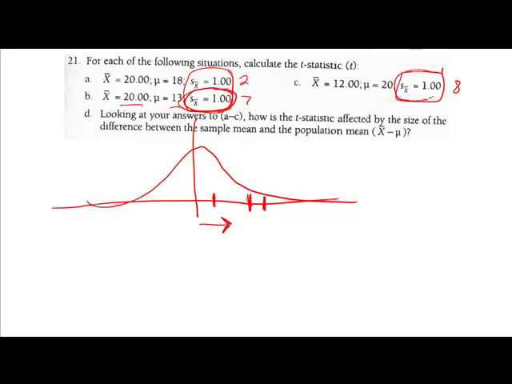And it was nice of them to keep this at 1 so that we wouldn't have to get too confused about dividing the numbers. We're going to go from t equals 2 to 7 to 8. Bigger the difference, the bigger the t-statistic.